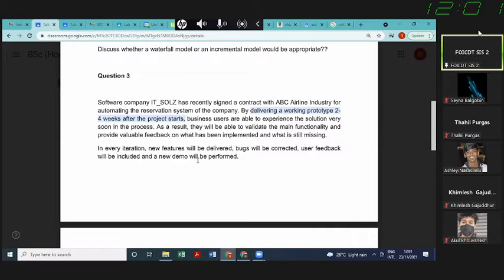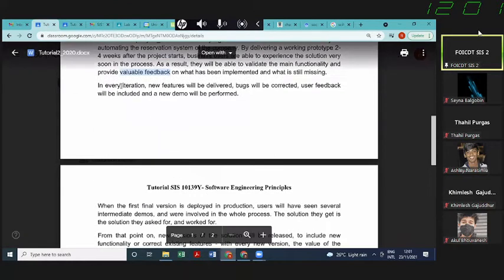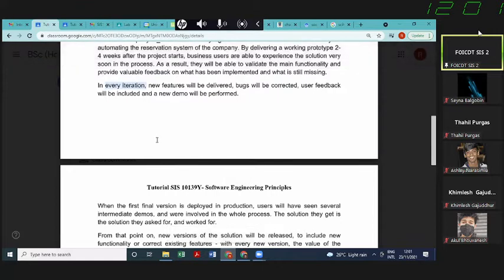So you can mention agile because the delivery of the first prototype is quick, 2 to 4 weeks. You have this concept of feedback, which is characteristic of agile. You have the concept of iteration. Yes, I've seen the word iteration here, which is characteristic of agile.